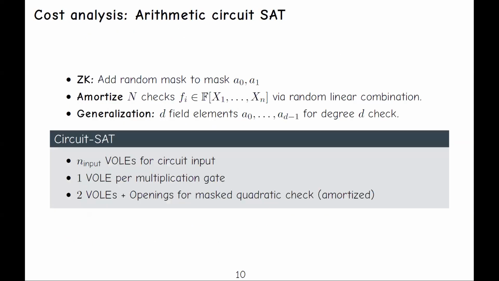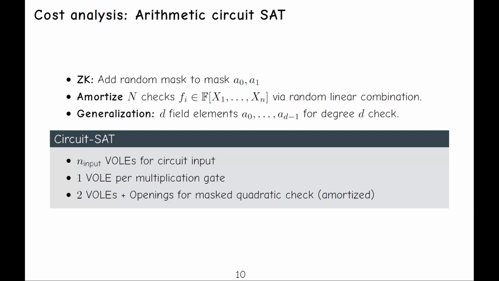So let's look at the cost for these types of zero knowledge proofs. So we saw that for zero knowledge, we need some extra commitments to masks. If we want to prove more than one quadratic equation, we don't have to repeat this protocol many times. Instead, we can just use a linear random combination of the quadratic equations.